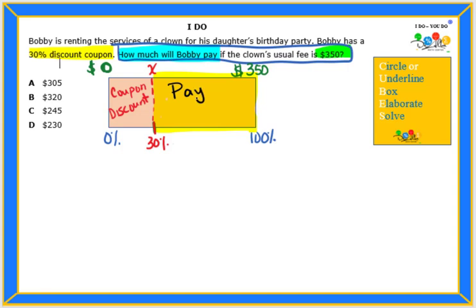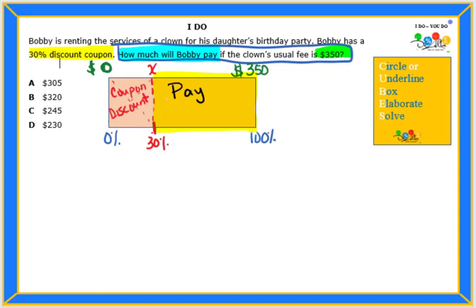So the amount that we pay is going to be less by 30%. Another way we can look at it is that this amount is what we are not going to have to pay, because it's going to be a discount, then the amount that we're going to pay is this amount.